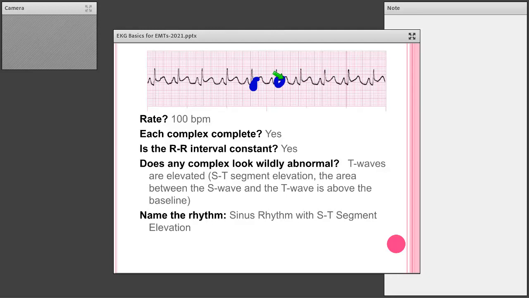So if you had just done a 4-lead, this would definitely be a situation where you would want to put the 12-lead on to get more pictures of the heart. Again, to get a better idea of where the potential blockage is.